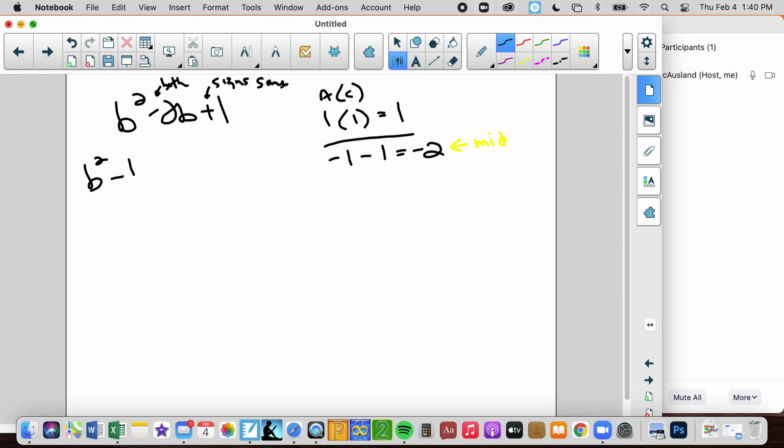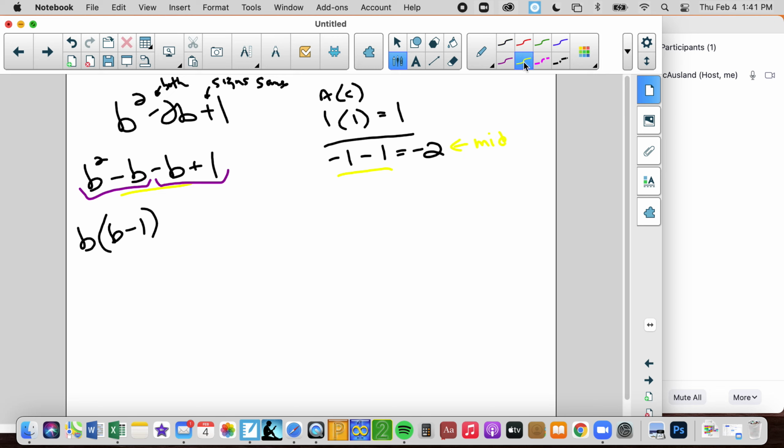B squared minus B minus B plus 1. All we did was take these and place them into there, right? And this is our A times C method, and now I'm going to factor by grouping. I'm going to group the first two, group the second two. What can I factor out of the first? B, and I get B minus 1.